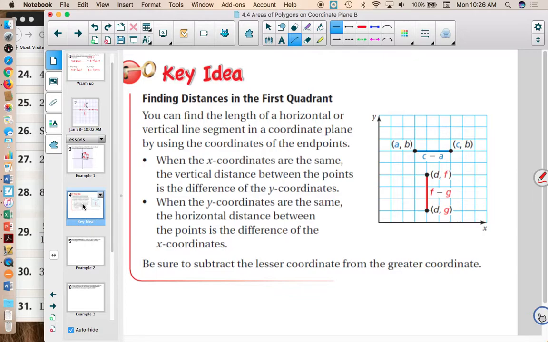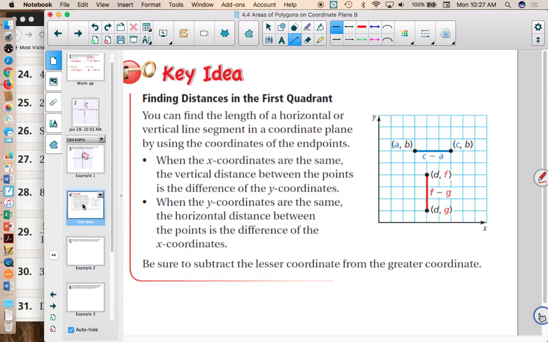Okay. What is the distance? You can find the length of a horizontal or vertical line segment in a coordinate plane by using the coordinates of the endpoints and subtracting them. Okay? If you look at the photograph here, the only variable that's changing is the x coordinate.